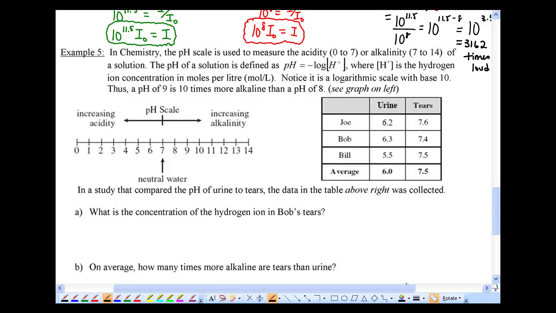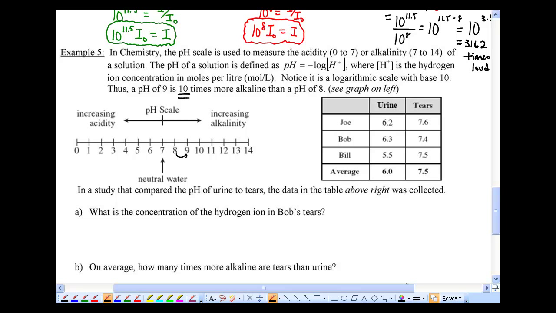The pH of a solution is defined by this lovely formula. pH equals negative log of the concentration of the hydrogen ions. Just note that this is a logarithmic scale with base 10, because a pH of 9 is actually 10 times more alkaline than a pH of 8. So even though this goes up by 1, that going up by 1 is equivalent to 10 times because it's a log scale.